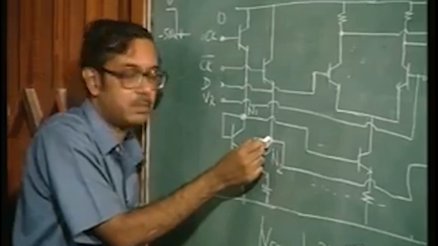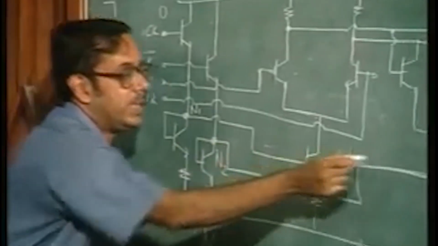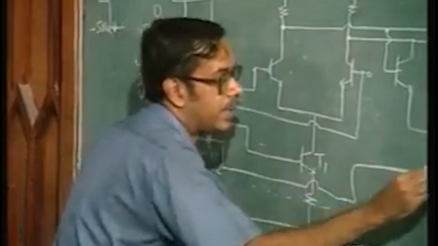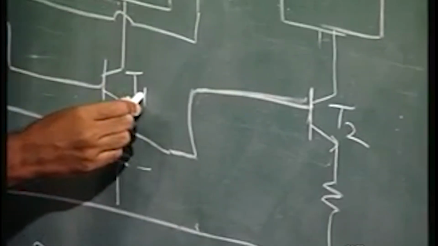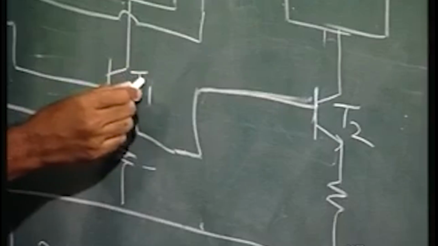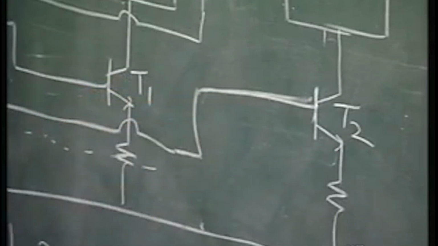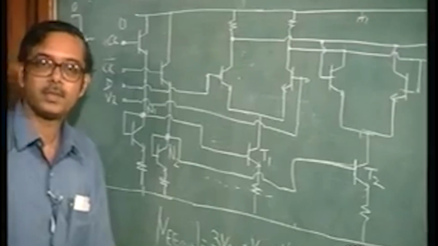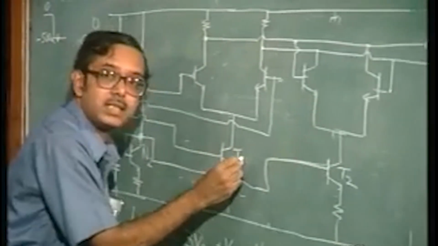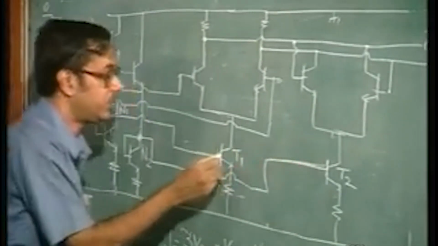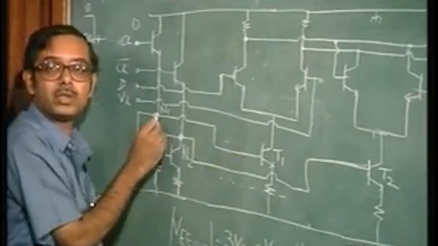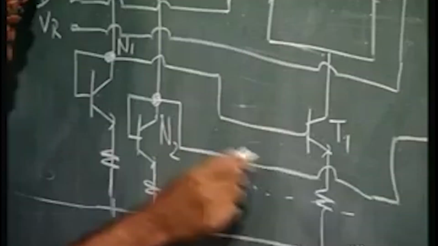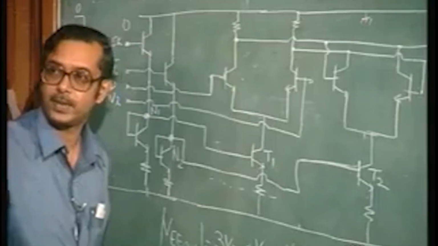So between these two transistors, T1 and T2, T1 is drawing a much larger current compared to T2, because the base voltage of T1, which is the same as the node voltage N1, is much higher than the base voltage of T2.